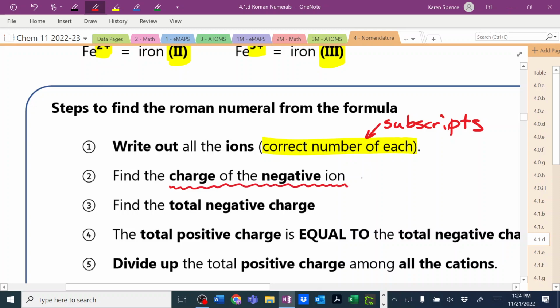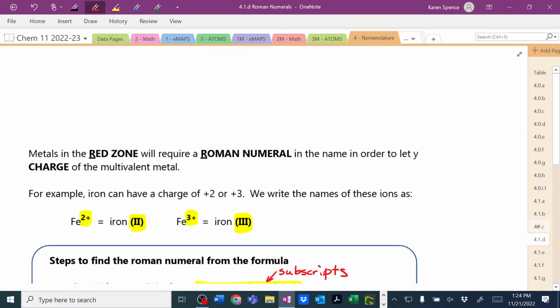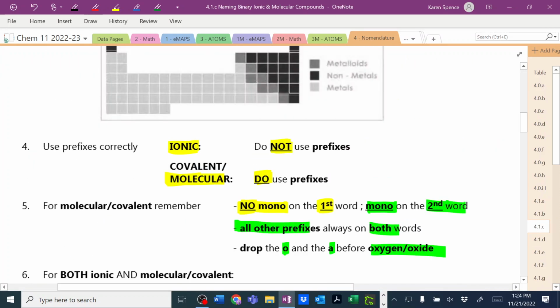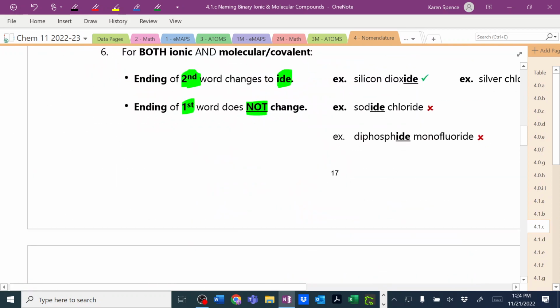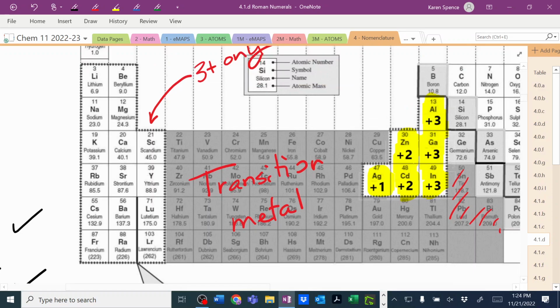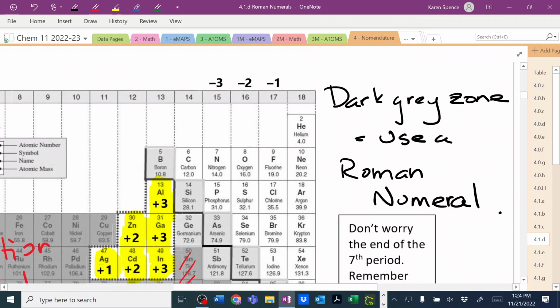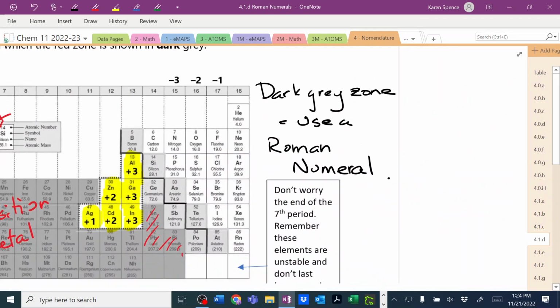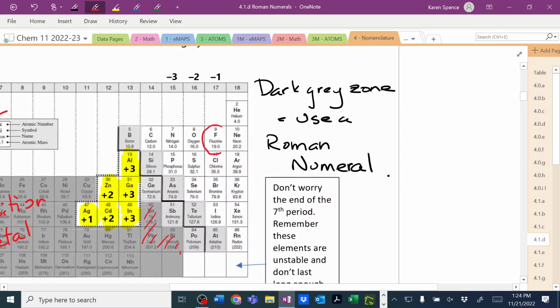Because if you remember, if we go back here, is there any question of what the charge of fluorine is? Or do we know the charge of fluorine? We know it. Fluorine is -1.